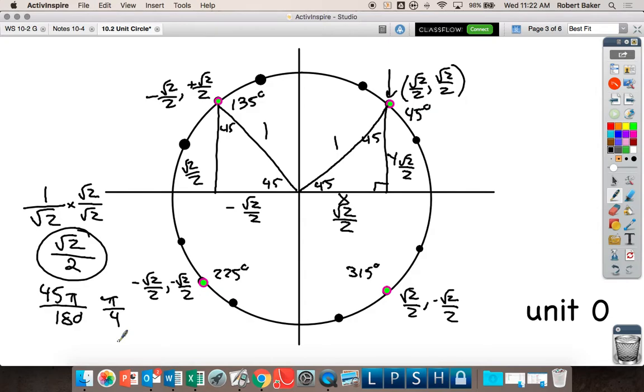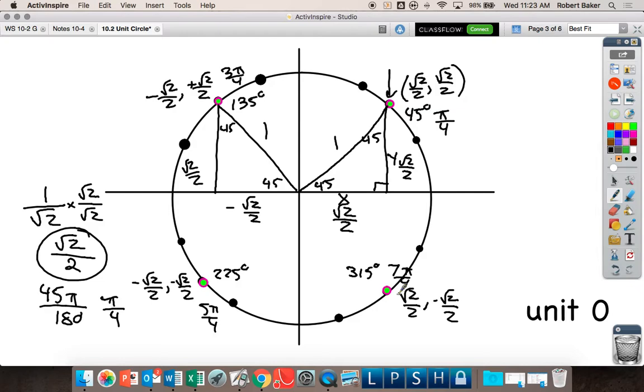So you go 0 over 4, 1 pi over 4, 2 pi over 4, which is pi over 2, which is 90 degrees. 3 pi over 4, 4 pi over 4 is pi, 5 pi over 4, 6 pi over 4 which is 3 pi over 2, 7 pi over 4, 8 pi over 4, which is 2 pi.